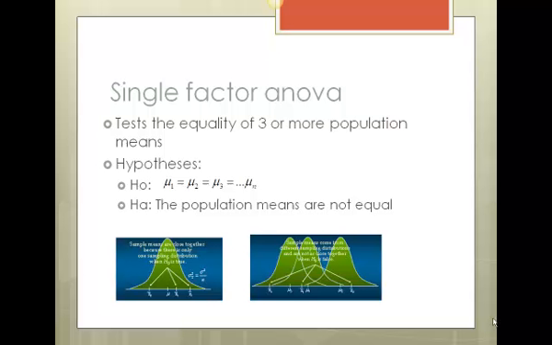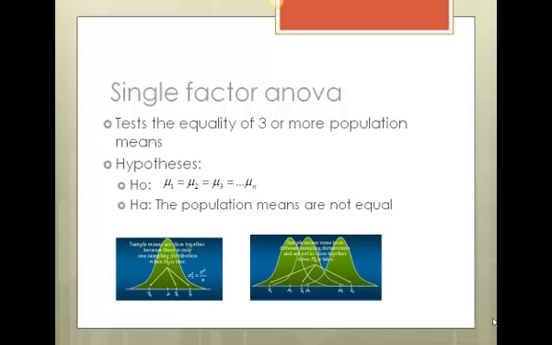Our hypothesis, since we want to know whether all 3 waxes are equally effective, following the single factor methodology, would be the equality of all of the population means. In other words, the average length of time it takes for the wax to wear off should be equal for all 3 of our waxes.